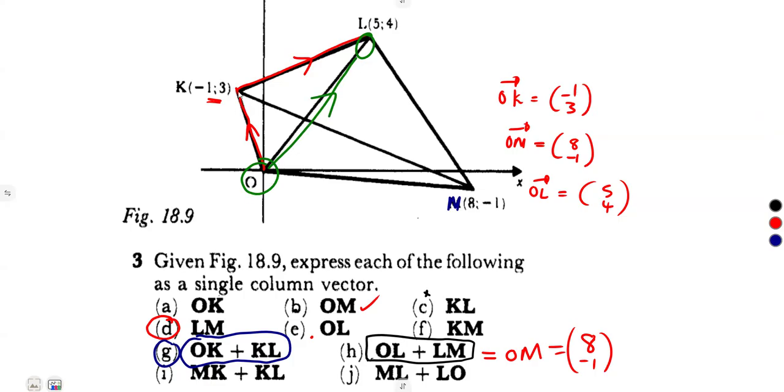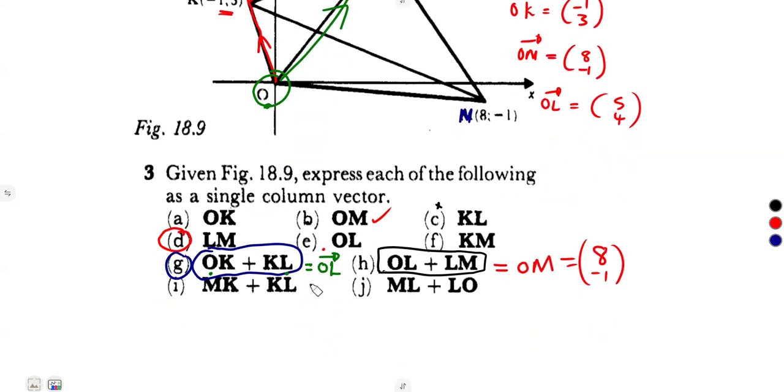From O to K, then K to L. You started with O, you end with L. Your starting point is O, your end point is L. So that is the same as vector OL, which you already have. Vector OL is 5, 4 from that position vector concept. So that is our 5, 4. So you see, guys, direct like that.